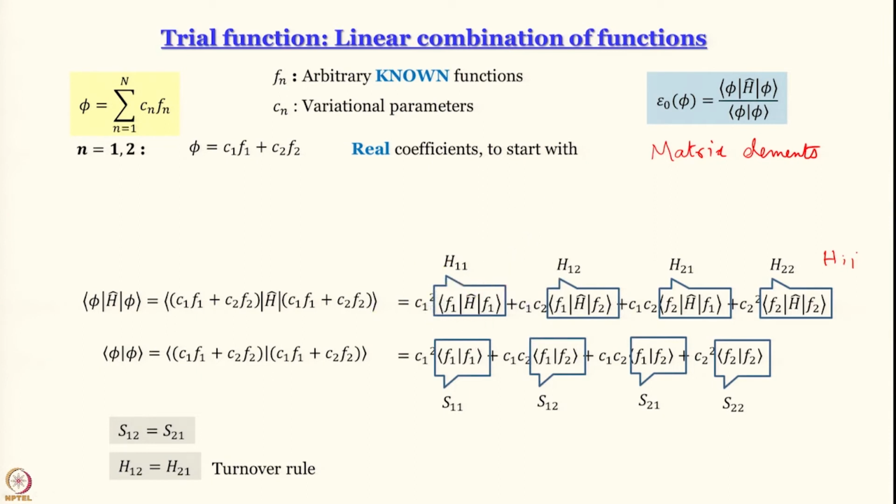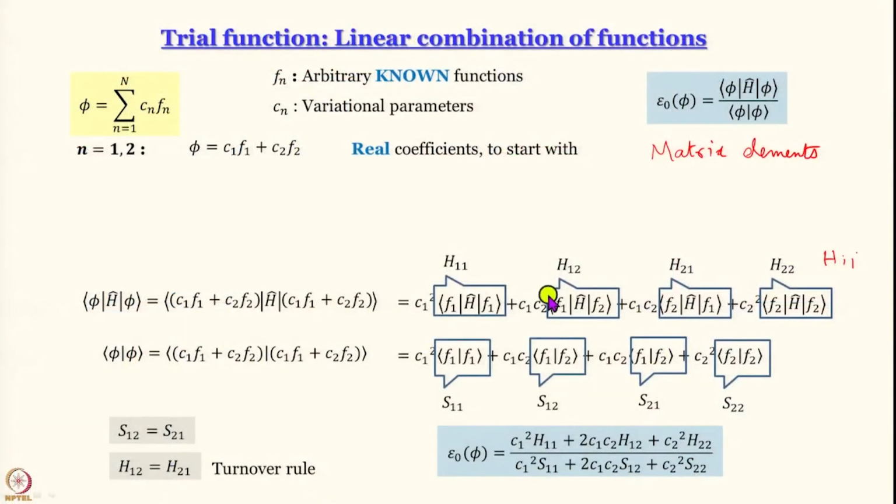Remember, H is a Hermitian operator. Even though we do not know what the wave function is, we know what H is, and even if we do not know what H is, H has to be a Hermitian operator by definition. So, the turnover rule is applied and H12 is going to be equal to H21. So, that is an important observation. In the H matrix, the corresponding off diagonal elements are equal to each other. H31 equals H13, H23 is equal to H32, and so on and so forth.